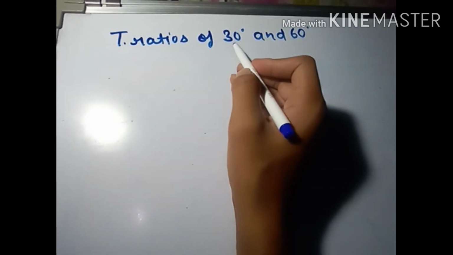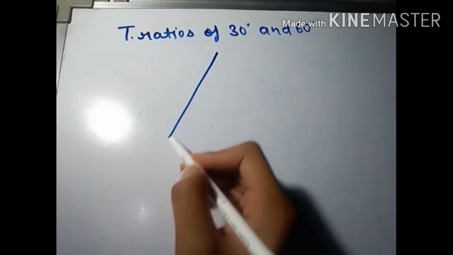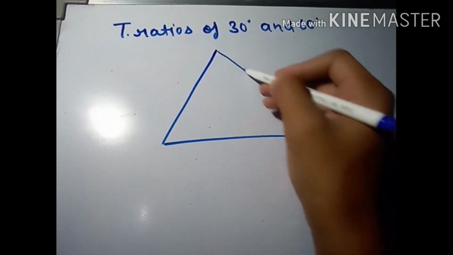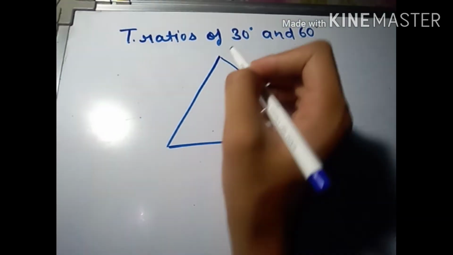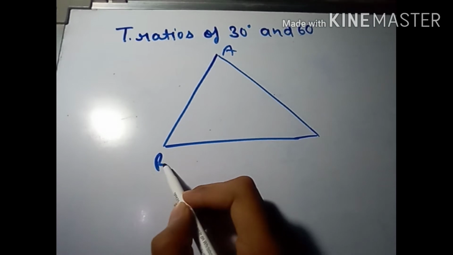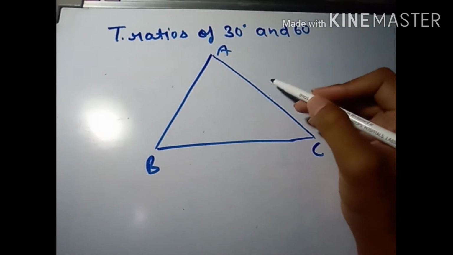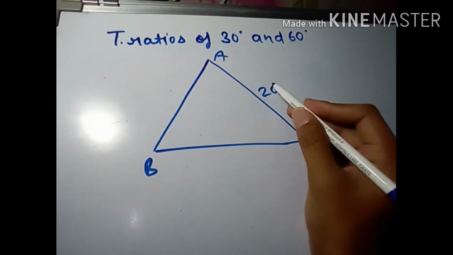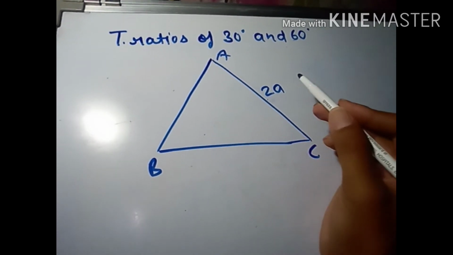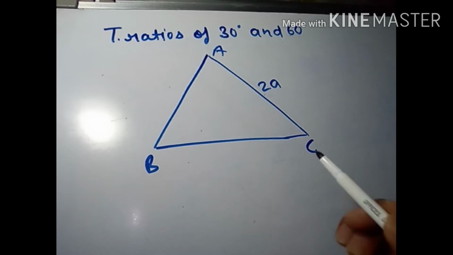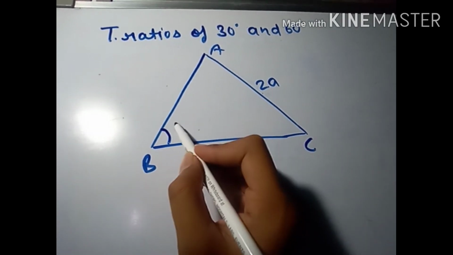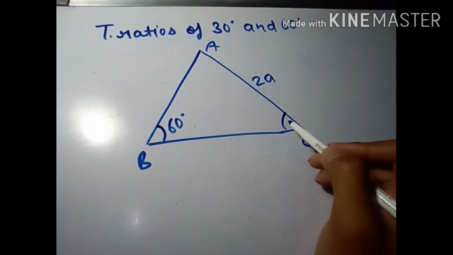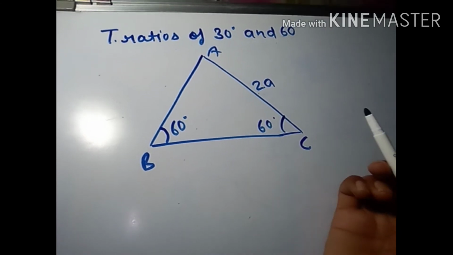So for doing so, first of all, let us draw an equilateral triangle ABC, and its sides are of length 2a. We are taking 2a just to make it as simple as possible. So you know each vertex has an angle of 60 degree.